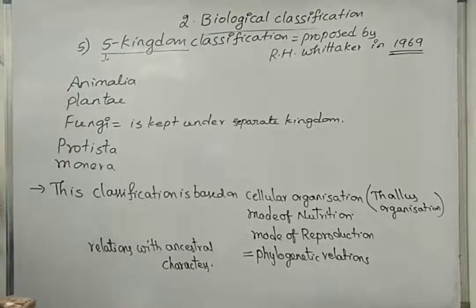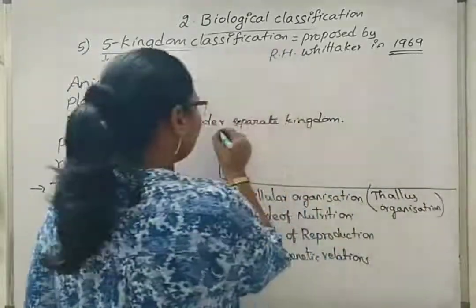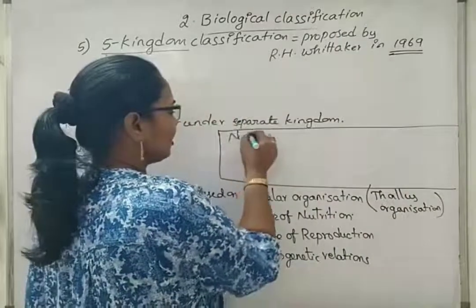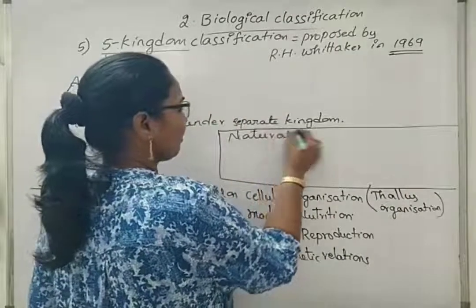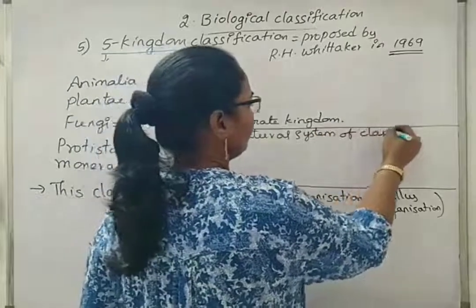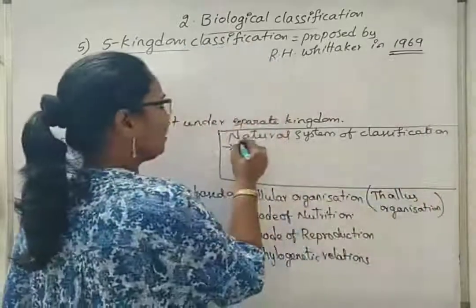So these are 5 different types of classifications given by Carolus Linnaeus, Ernest Haeckel, Copeland and R.H. Whittaker. There is another type of classification called as natural system of classification. This is proposed by Bentham and Hooker.